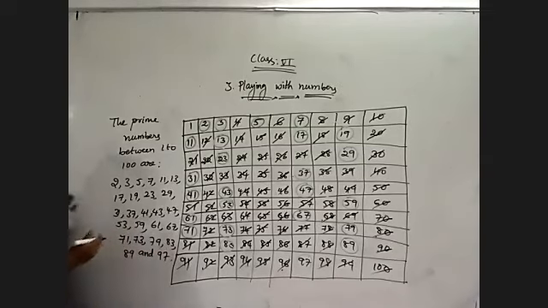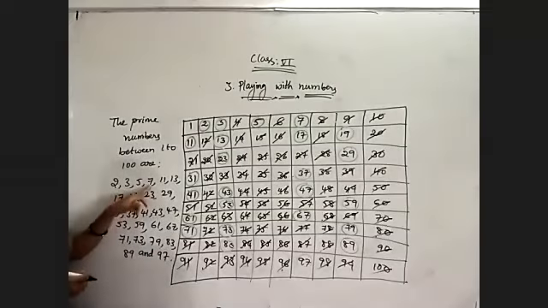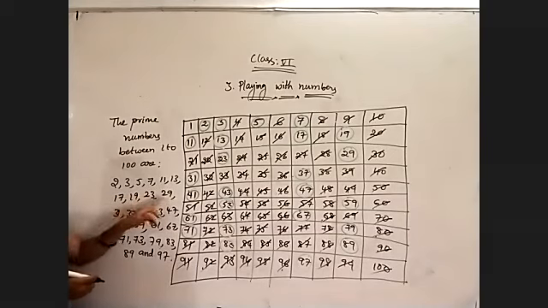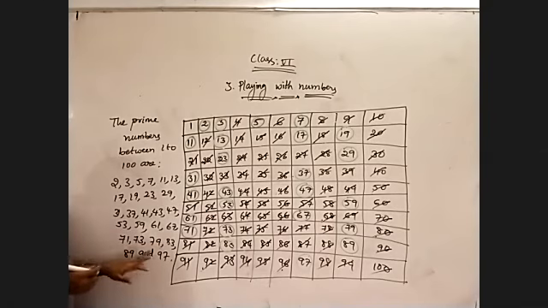So observe, how many have we got? 1, 2, 3, 4, 5, 6, 7, 8, 9, 10, 11, 12, 13, 14, 15, 16, 17, 18, 19, 20, 21, 22, 23, 24, 25.